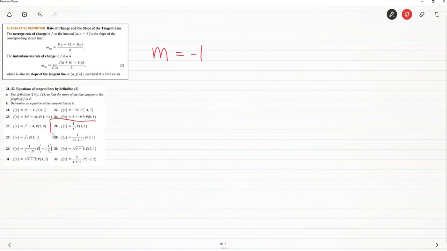Again, we're doing this number 26. The directions ask us to now determine the equation of the tangent line. To find the tangent line, you could use the point slope equation or the y equals mx plus b slope-intercept equation.